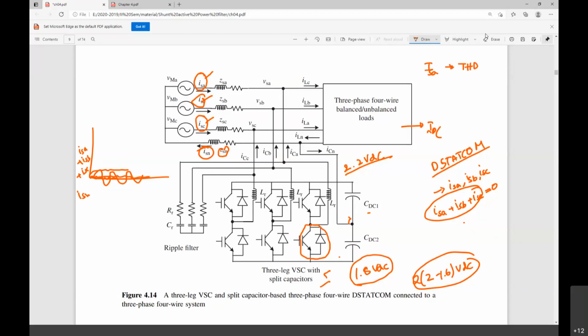If the THD is less, approximately equal to 0, but generally we will see the THD to be less than 5%. So one parameter is that the summation of the source currents should be equal to 0. That is one of the performance indices to validate the performance of the D-STATCOM. And another index is whether the THD is near 0 or not.